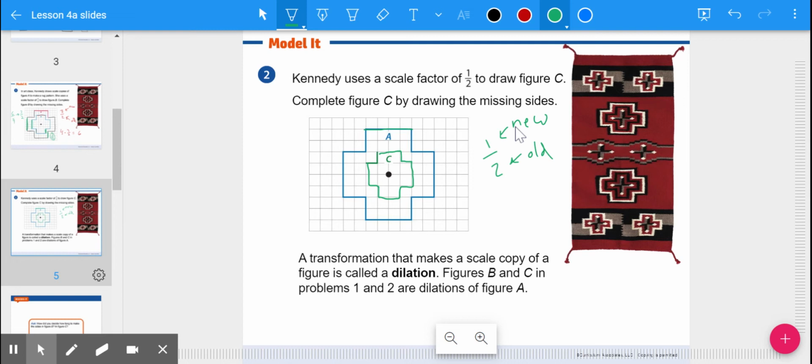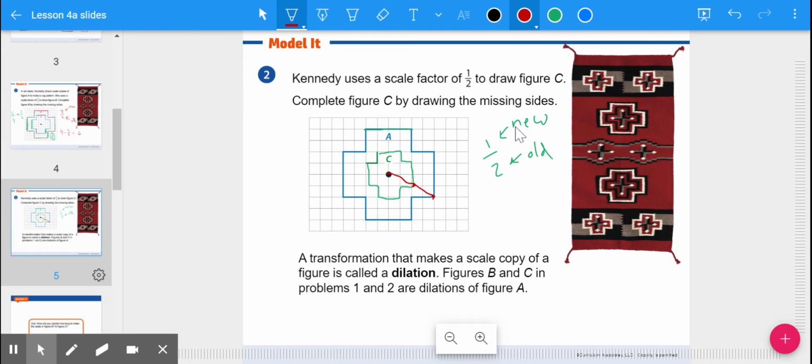Now we could look at a point. Any of the points too, like let's say from this one compared to this one, they're all going to be half the distance away from this center, which is called our center of dilation.